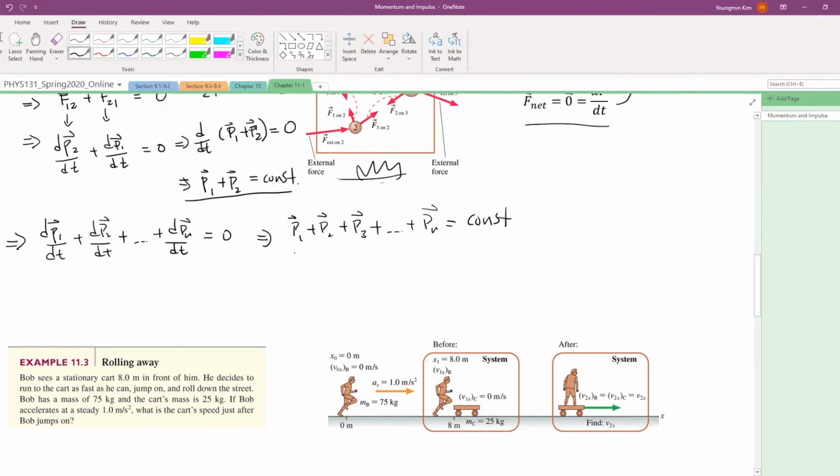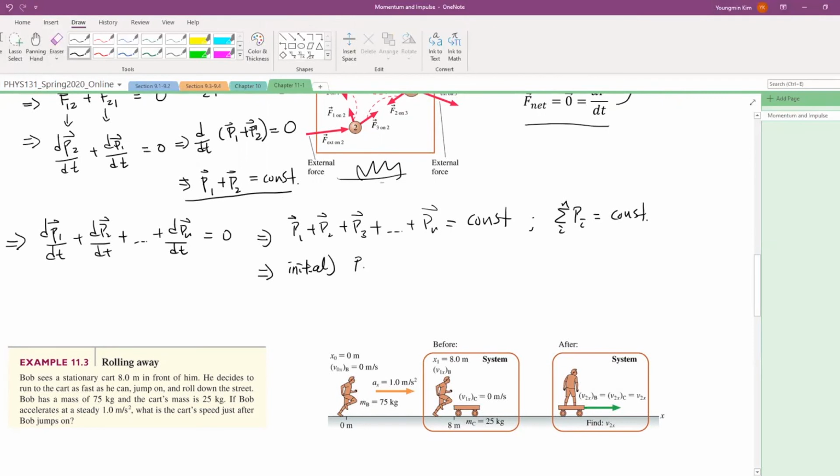Because the sum of all the momentum is constant, I can now arbitrarily define initial state of the momentum.